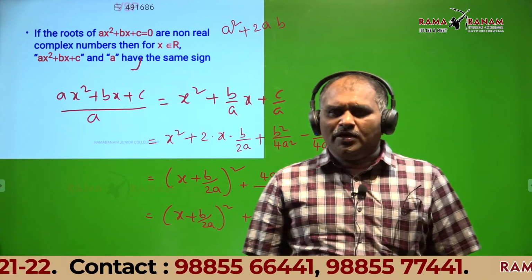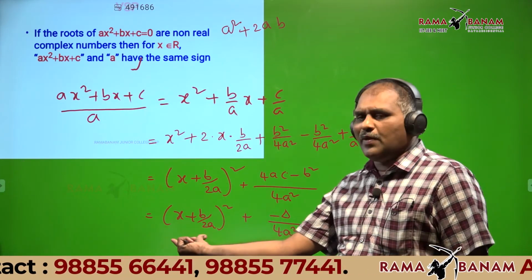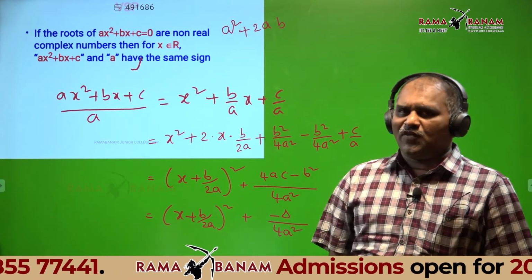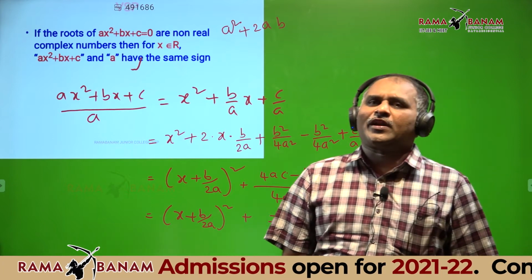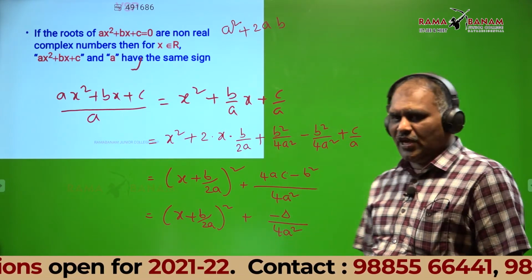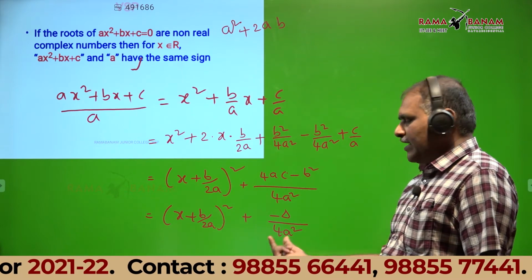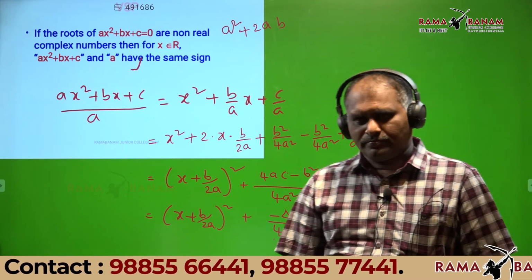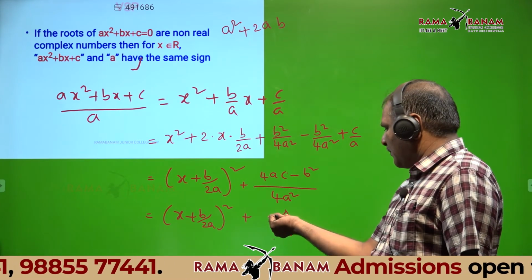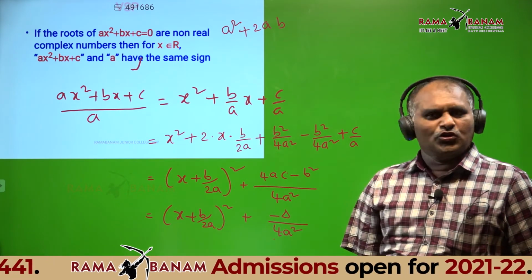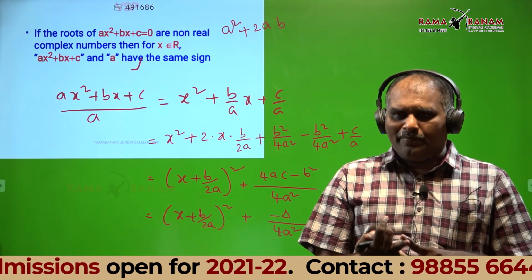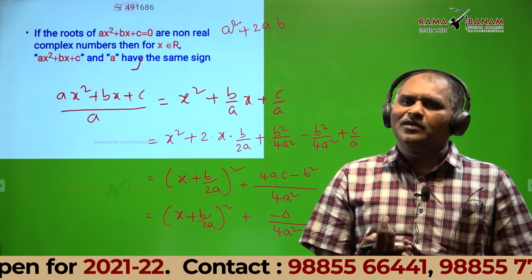Lesson 1. Here x plus b by 2a whole square is always a perfect square. Is a perfect square positive or negative? Positive. Therefore, is 4a square positive or negative? Positive. Then what about minus delta? You don't know; sometimes positive, sometimes negative. Do you understand?